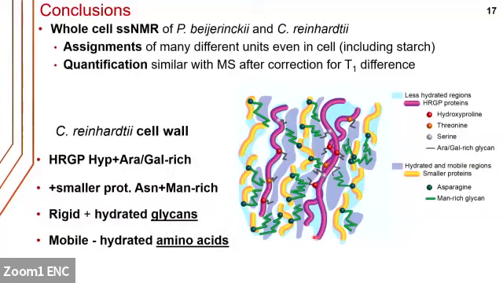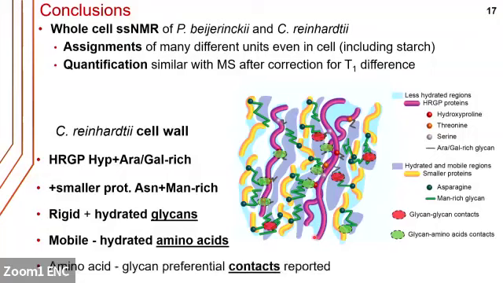We also used solid-state NMR to prove the hydration in a native sample, and we also detected glycan-glycan preferential contacts, but more importantly, we detected using MAS-DNP preferential contacts between glycosylated amino acids and glycans.